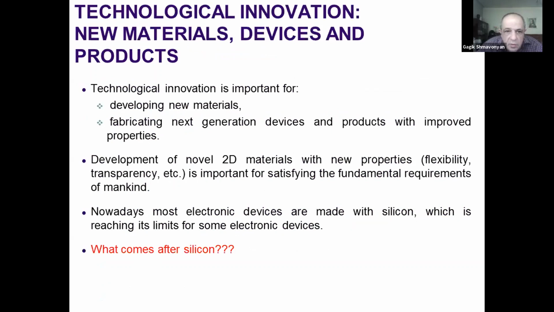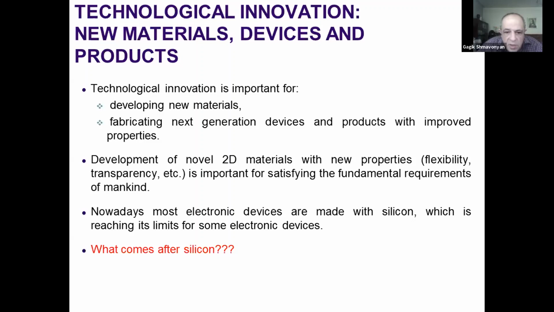Technological innovation is important for developing new materials and fabricating next generation devices and products with improved properties. Development of novel two-dimensional materials with new properties is important for satisfying the fundamental requirements of mankind.